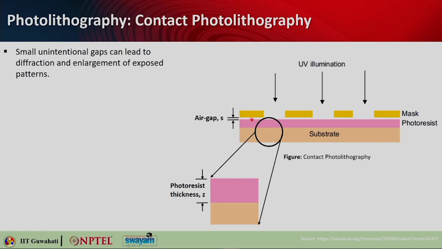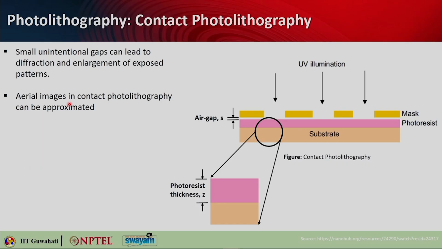As you see here, there is a small air gap S, and that could lead to diffraction and enlargement of the exposed patterns. That is something you don't like, because you are looking for finer resolution.